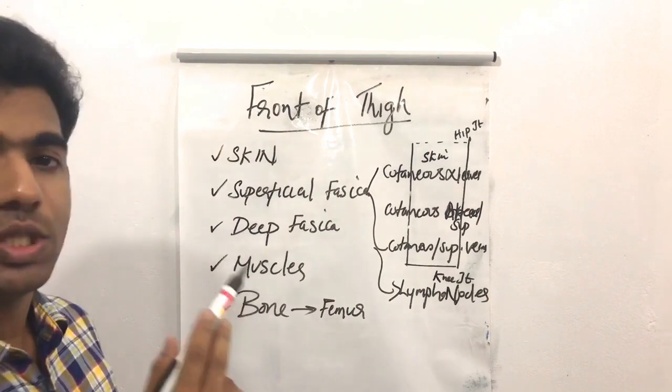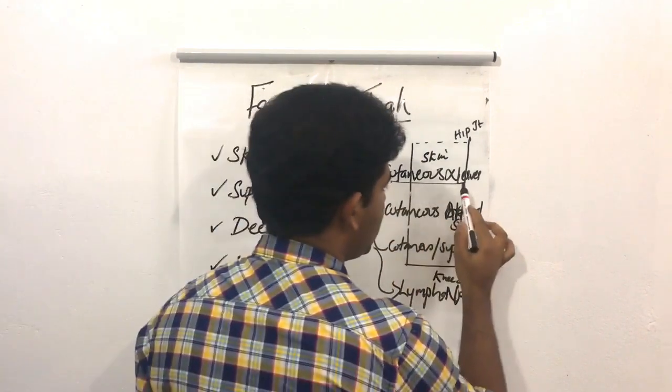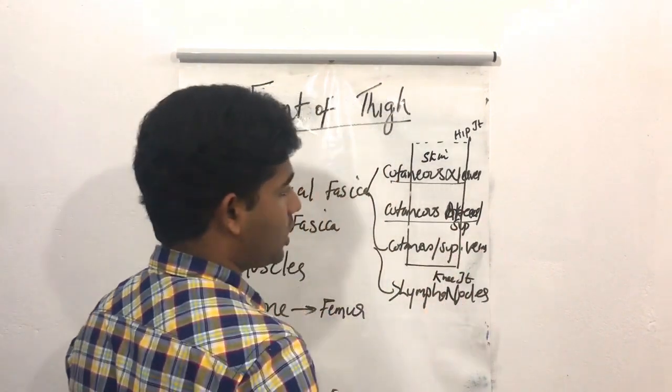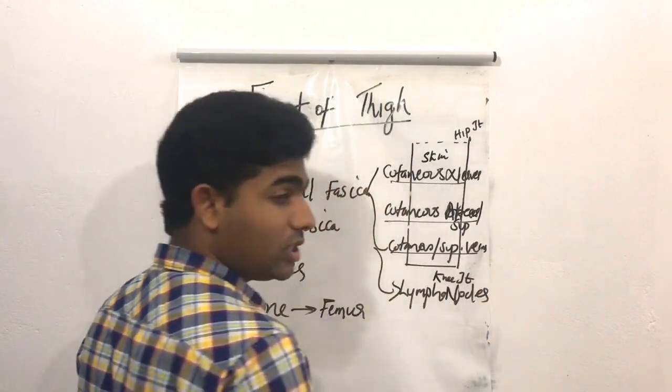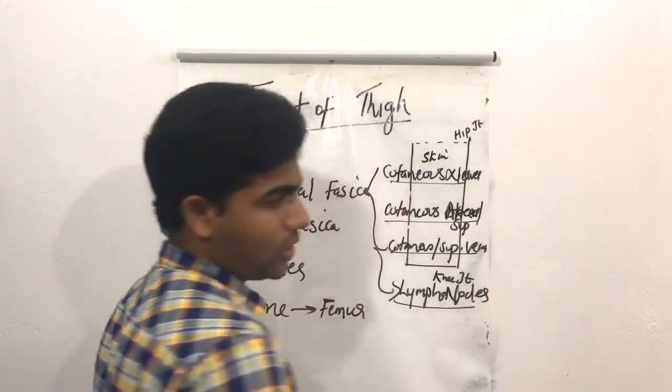So the superficial fascia contains cutaneous nerves, cutaneous or superficial arteries, cutaneous or superficial veins and lymph nodes.